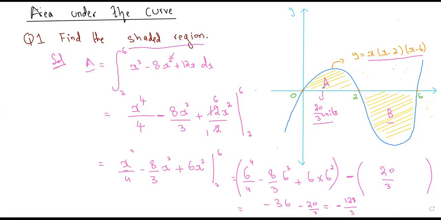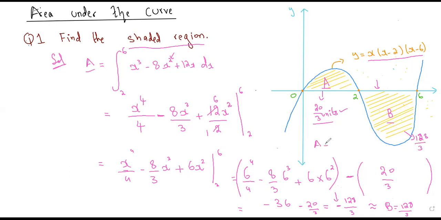The question was to find the shaded region. For this, you need to find the area of A and area of B. We are done with area of A. For area of B, we are getting a negative answer because obviously this is the scenario for B: the x-axis is above, the curve is below, so the answer would be negative, but we are going to write down the answer with a positive sign, that is 128 by 3.